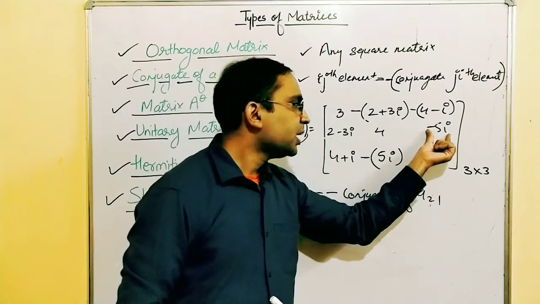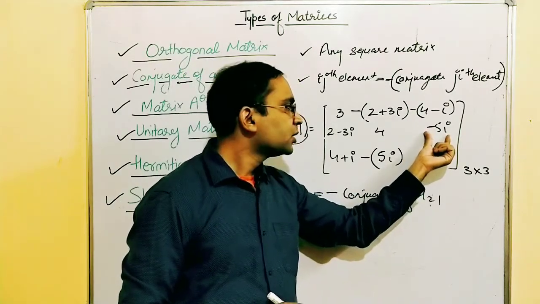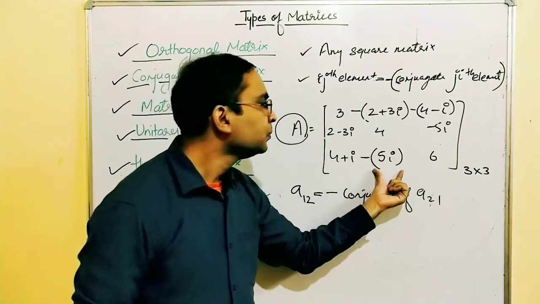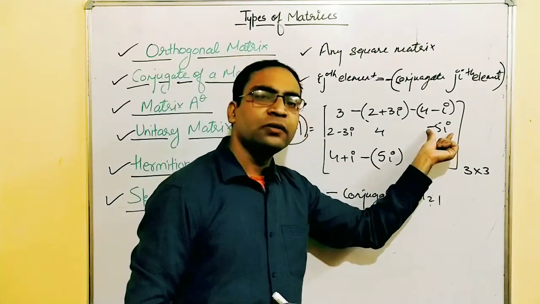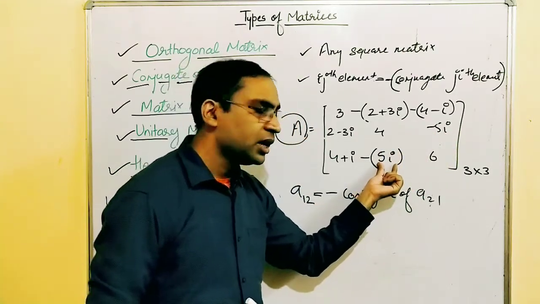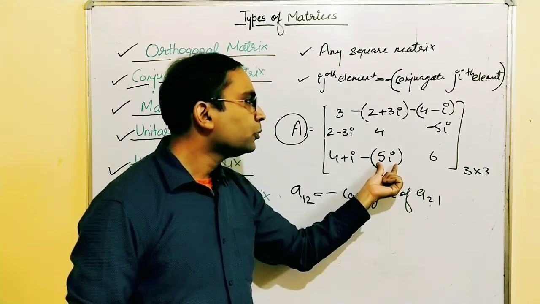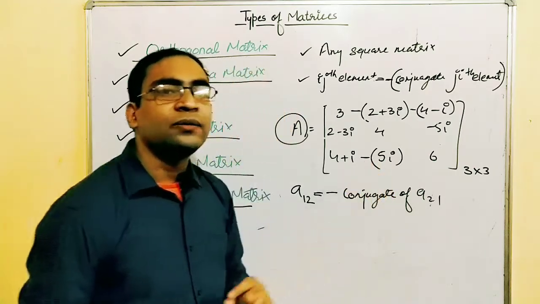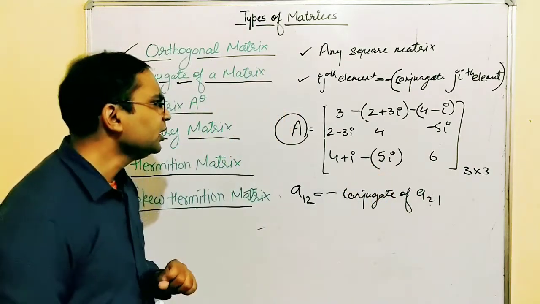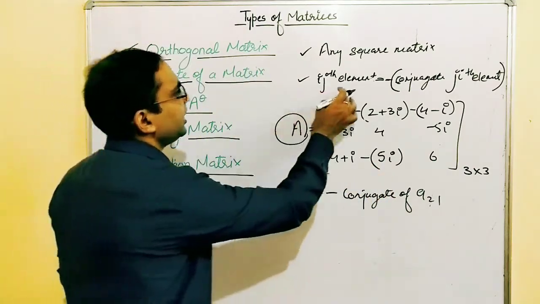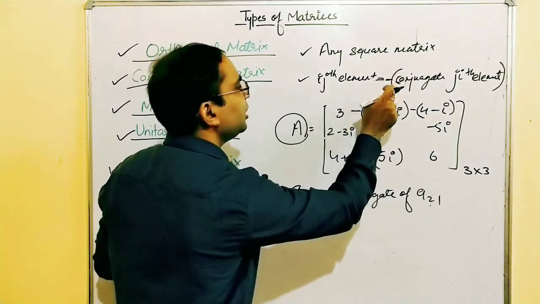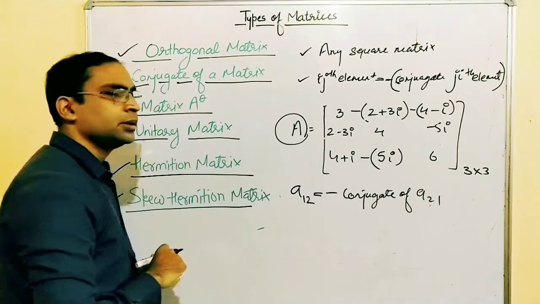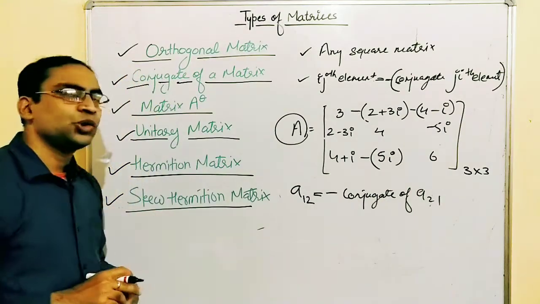Now this is minus 5i, this is a23. Then we look at a32. The conjugate of minus 5i should be 5i, but these both should be negative, so this is minus 5i and this is minus 5i. So here the condition is that the ijth element should be equal to the negative conjugate of the jith element. So this is the skew Hermitian matrix.